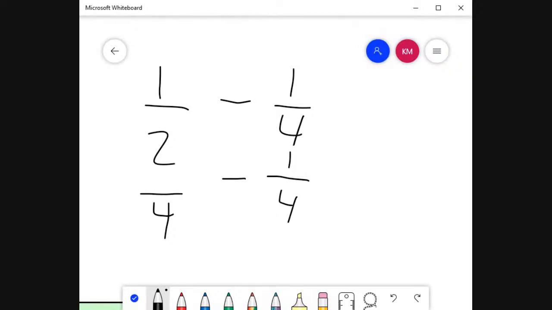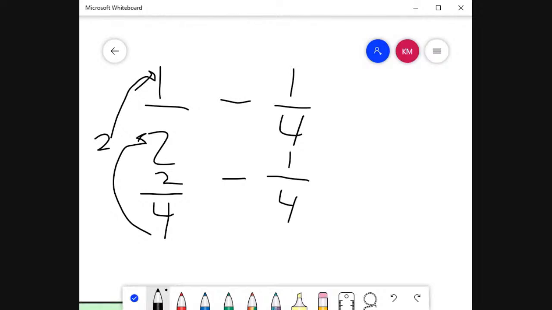Well, I divide 4 by the denominator, which is 2, and then that answer multiplied by the numerator, which is 1. So 4 divided by 2 gives me 2, and then 2 times 1 gives me 2. So now my half fraction, or 1/2, has now become 2/4.